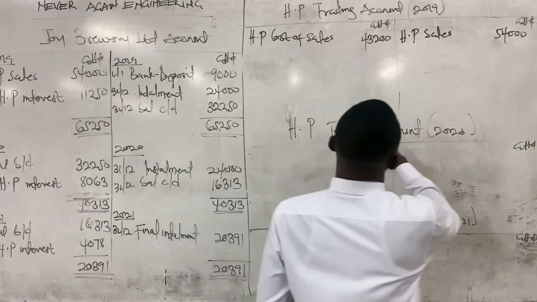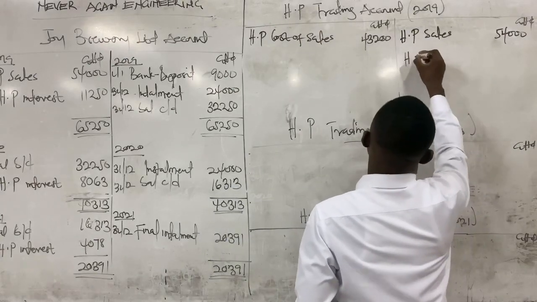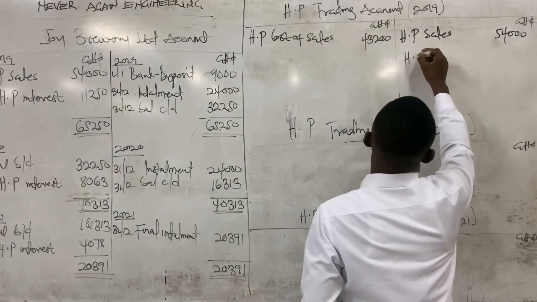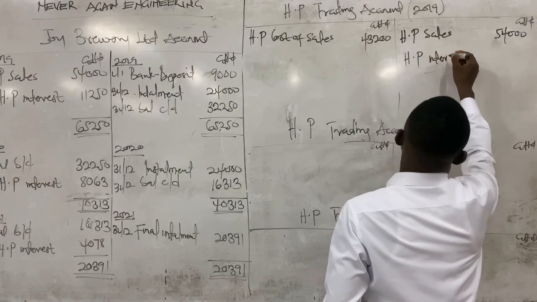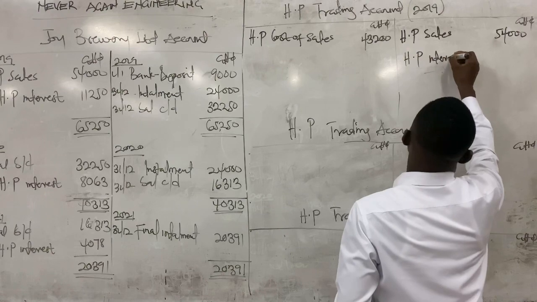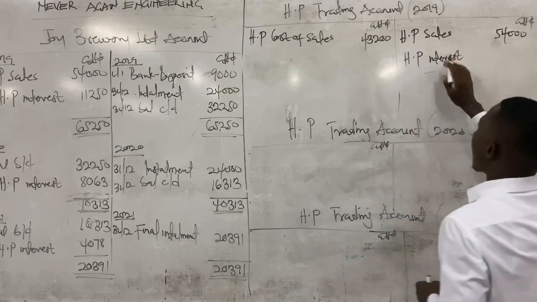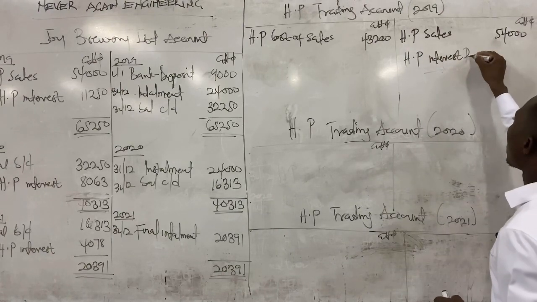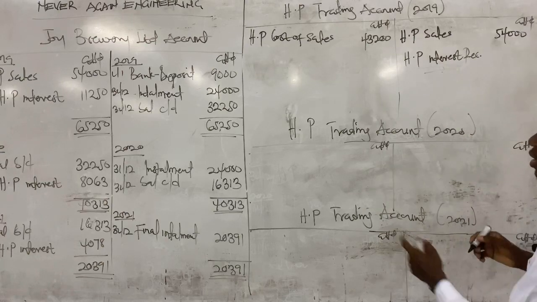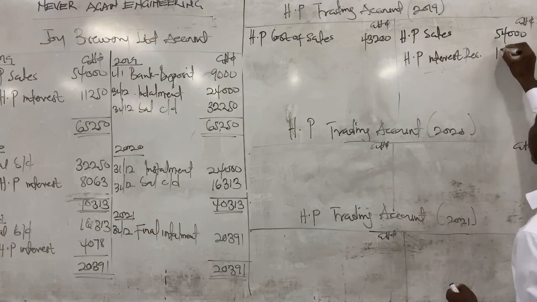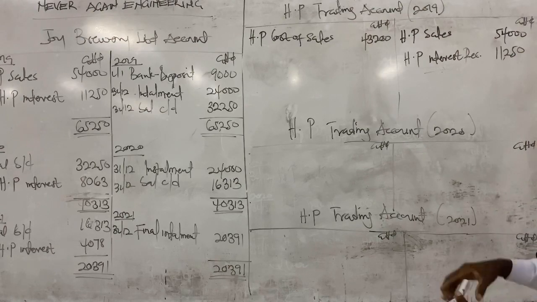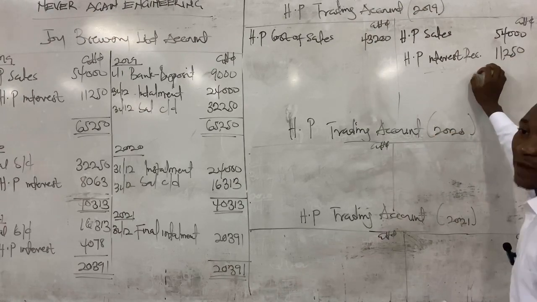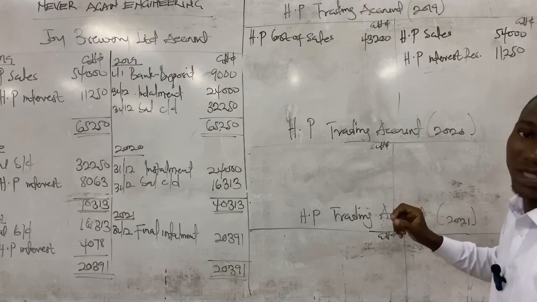So we also have high purchase interest receivable, and the amount is 11,250. And remember that this amount is transferred from the high purchase interest received account.